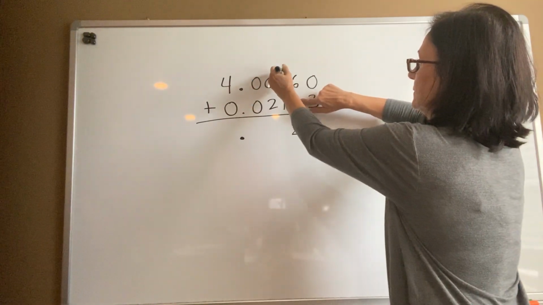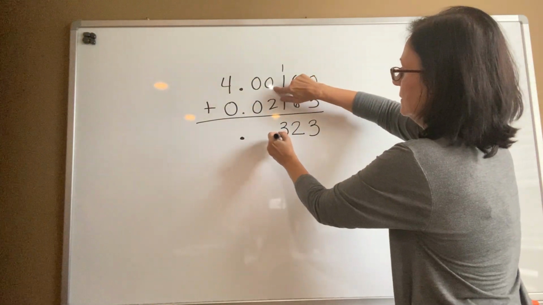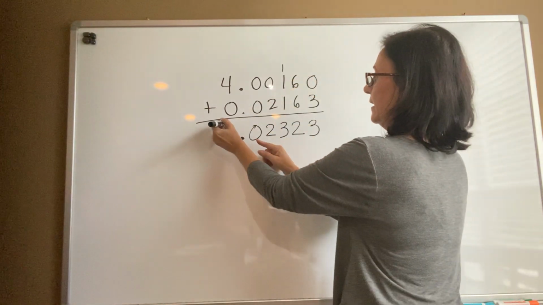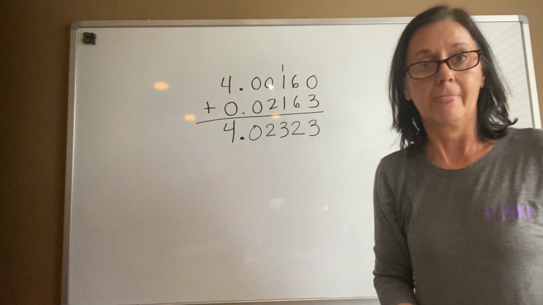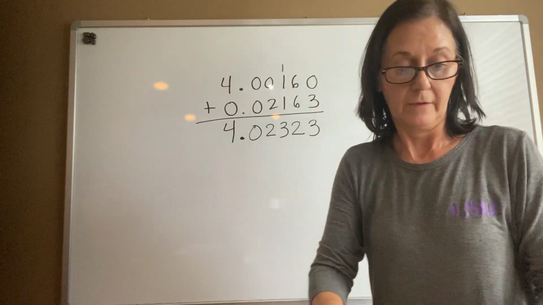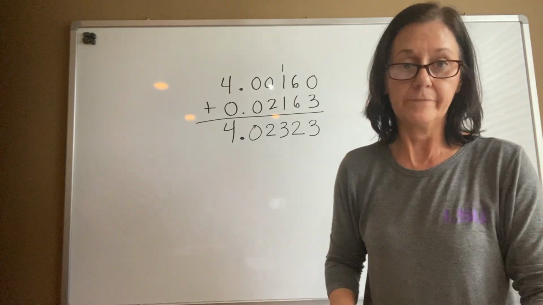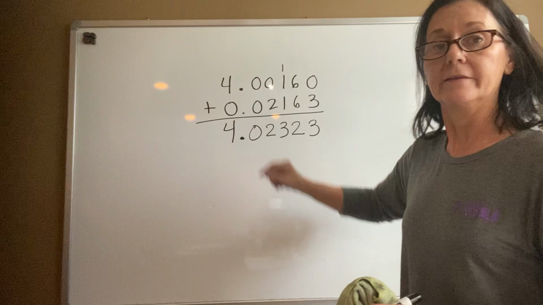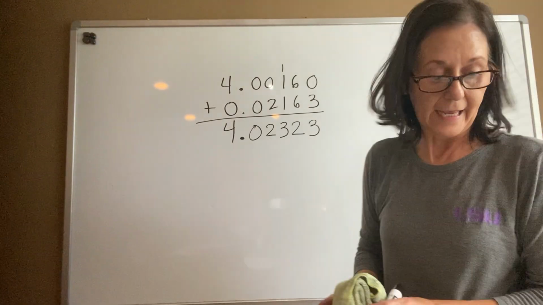Carry my 1. That's 3. That's 2. That's 0. And that's 4. This 0 is important. It's a placeholder. All right, so you cannot lose that 0. So adding, we line up the decimal places and we add.